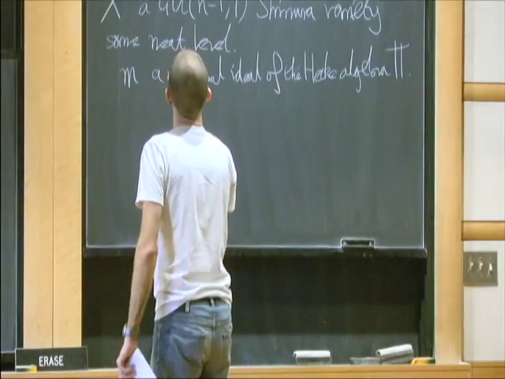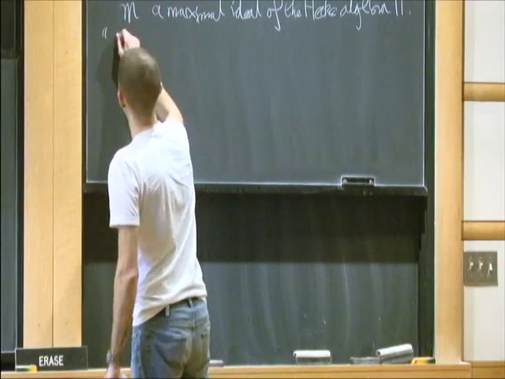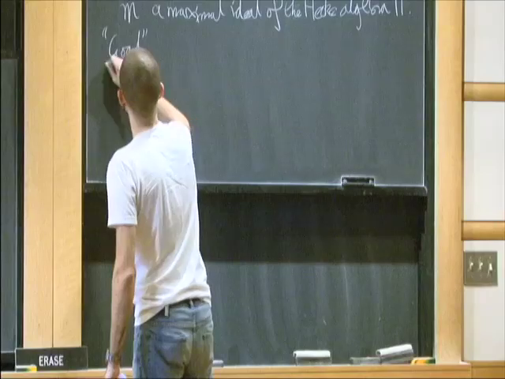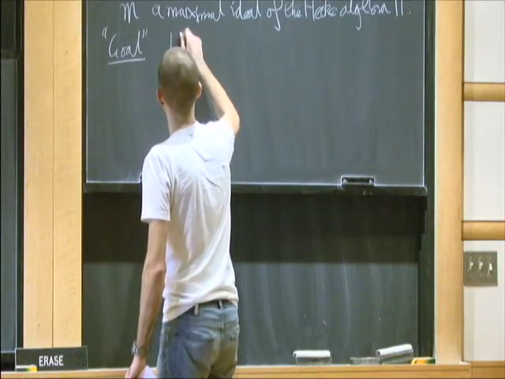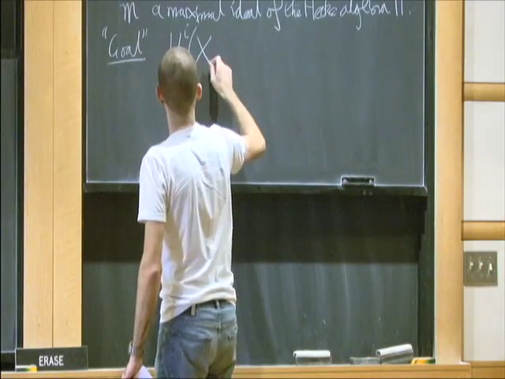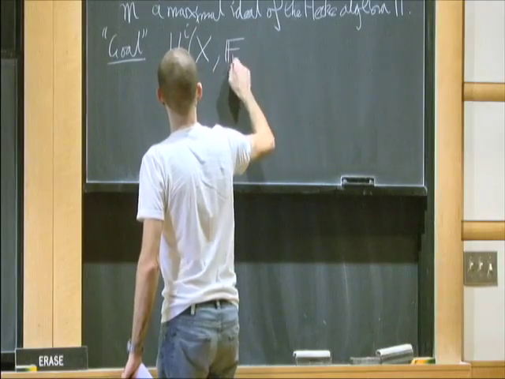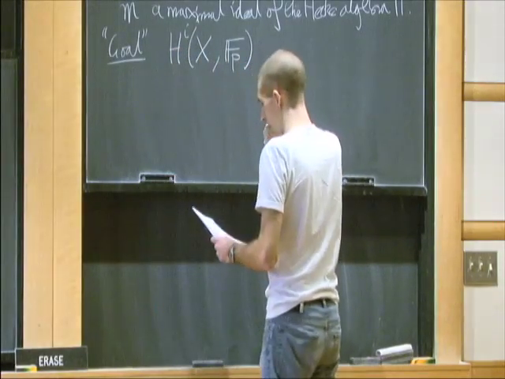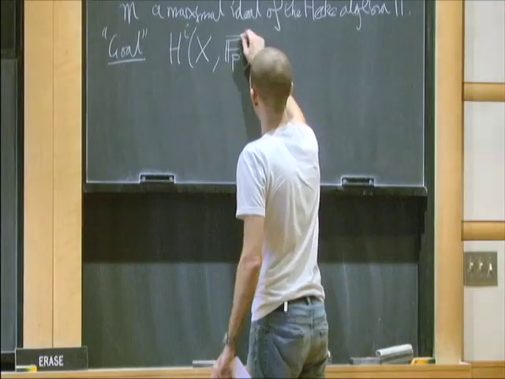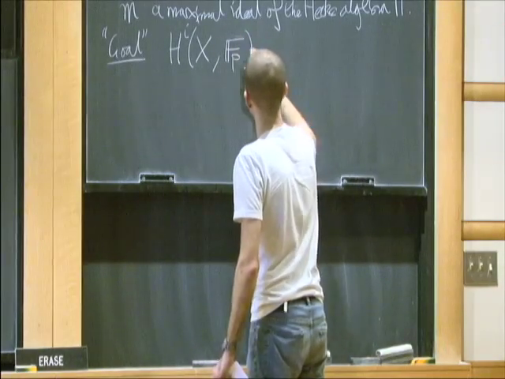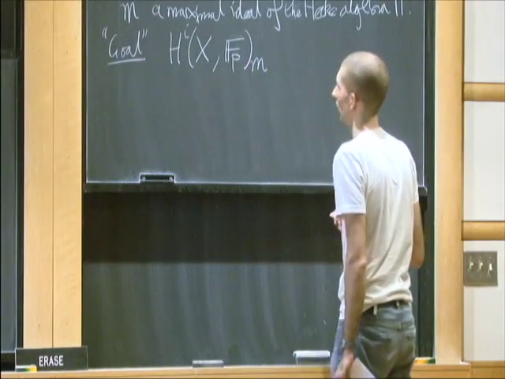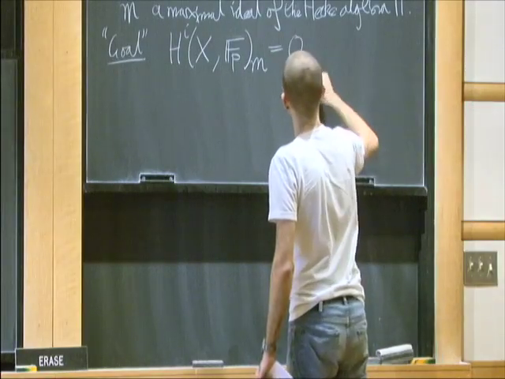And well, the ultimate goal of what one would like to prove would be that H^i of X with F_p bar coefficients, maybe F_p coefficients localized at M, is 0 outside of middle degree.